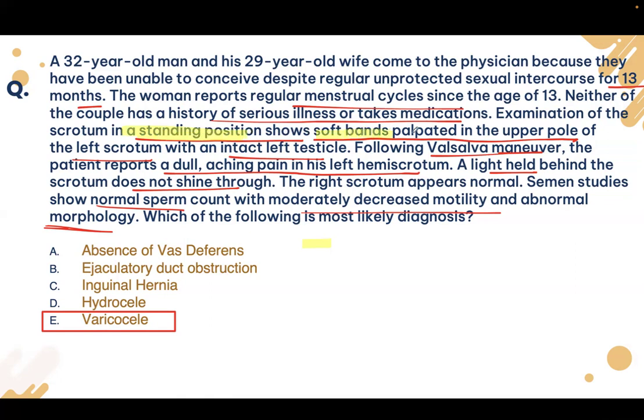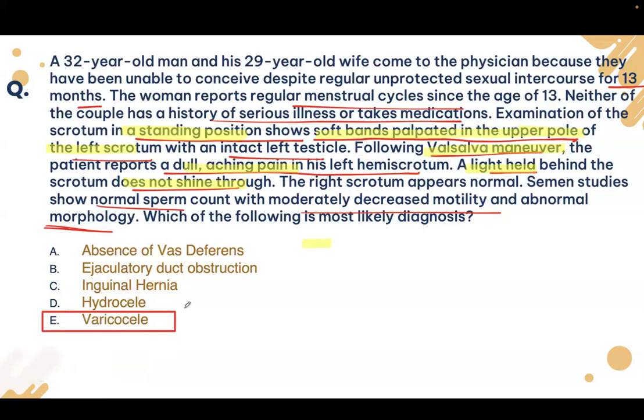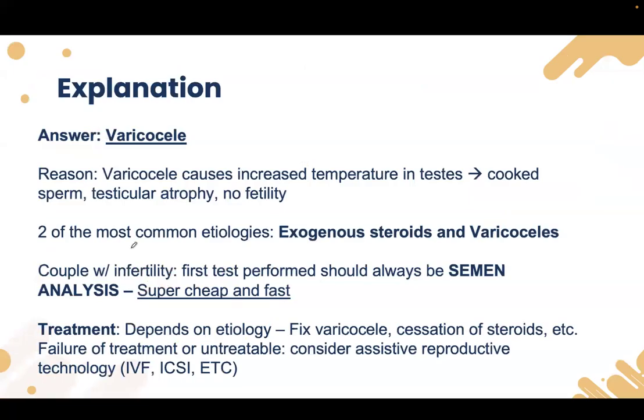There was a soft band palpated in the upper pole of the left scrotum, which increases with the Valsalva maneuver and causes pain. Whenever a light is held, it doesn't shine through. So this is suggesting that we might have a case of varicocele in this question. Let me talk about why it is varicocele and not the other options. Let me just explain varicocele to you.